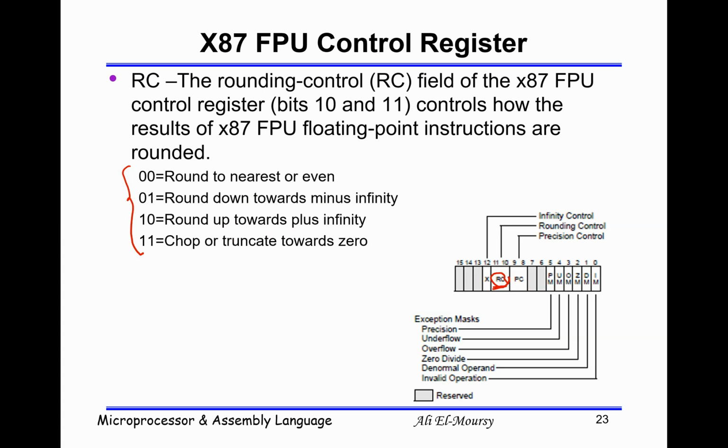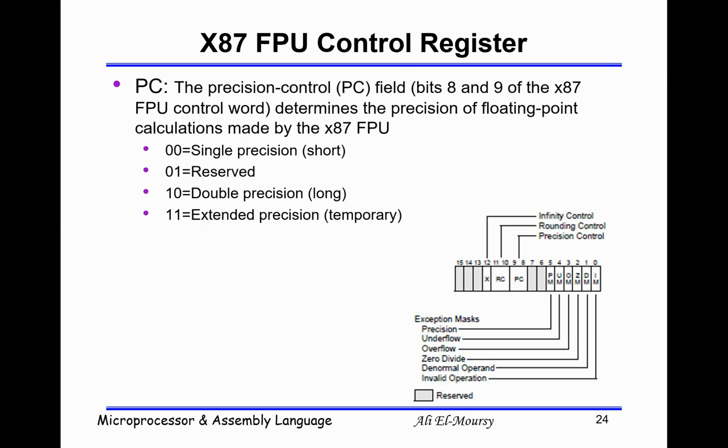The third field, which is maybe the most useful and the most important one, is the PC, which stands for precision control. The precision control indicates what kind of IEEE standard or numbering format is to be used.